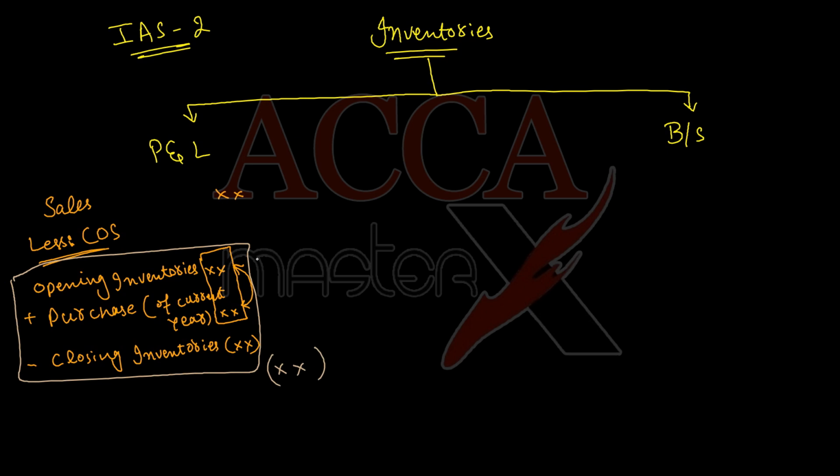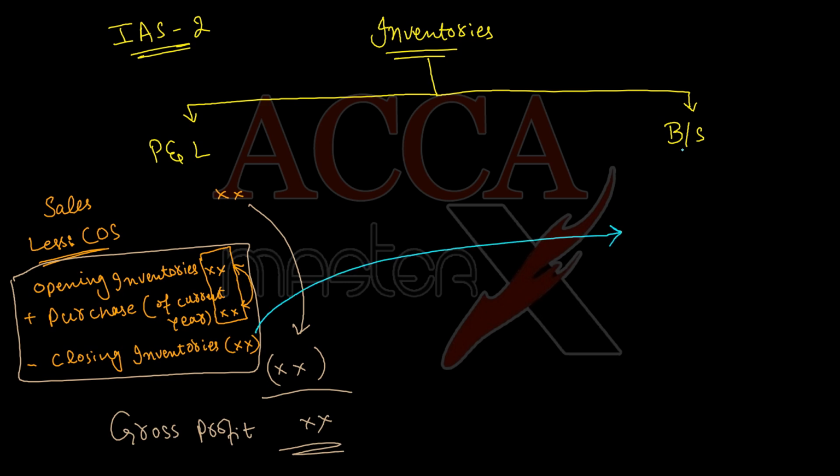And we deduct this amount from our sales. As a result, we will get gross profit for the year. And we take this closing inventories into our balance sheet, and it becomes our current asset for the year.